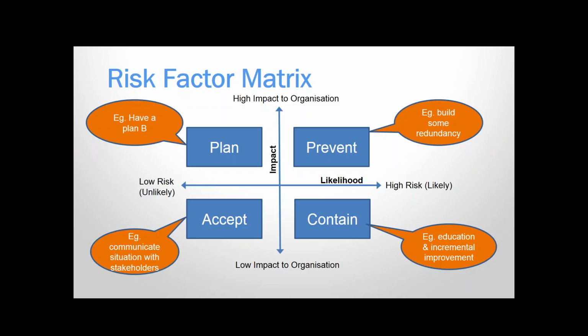Your finance department may be quite okay if there's an extended outage on your telephone system, for example. But if your core business is to provide a 24-hour hotline for vulnerable people under a government contract, the impact without a phone system will be a lot more severe than for your finance department.